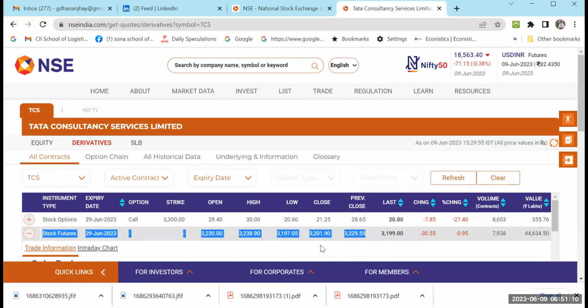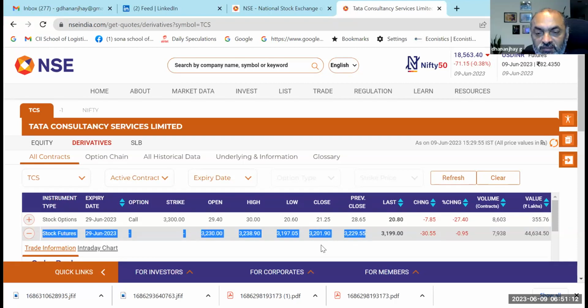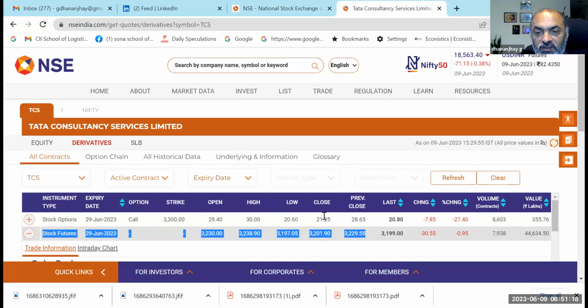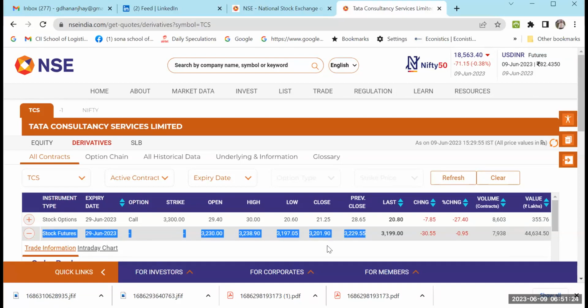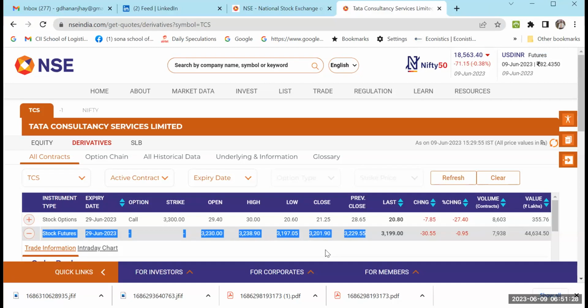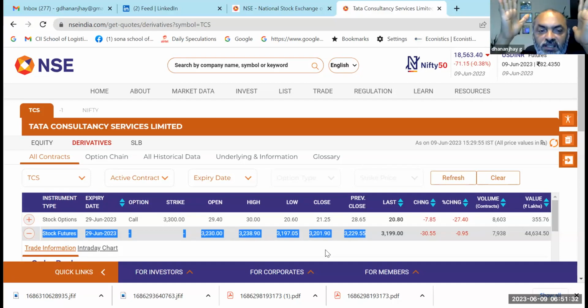What is the closing price of TCS futures? 3,229.55. That is the previous close. This close, 3,201.90. Yes, sir. Today's closing price. So then what I am trying to say is there will be two prices. One is spot market price, another is futures price.